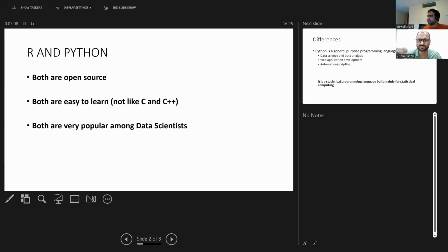I think most people will say that. Right? If you want to add two numbers in C, you'll have to write some 6 to 7 lines of code. In Python and R, it is one line of code, right? Yes, it's much easier that way. So both are easy to learn, and both are very popular languages among data scientists.